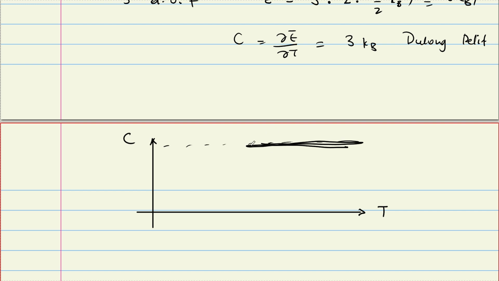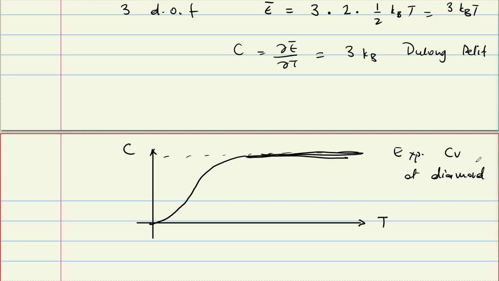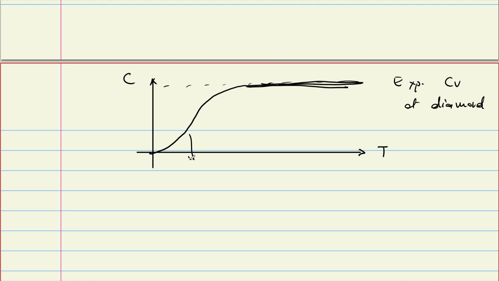But as you go to lower and lower temperatures, you go like this, right? So this is, for example, the experimental CV of diamond. And it was Einstein who noticed that this is actually a quantum phenomenon.